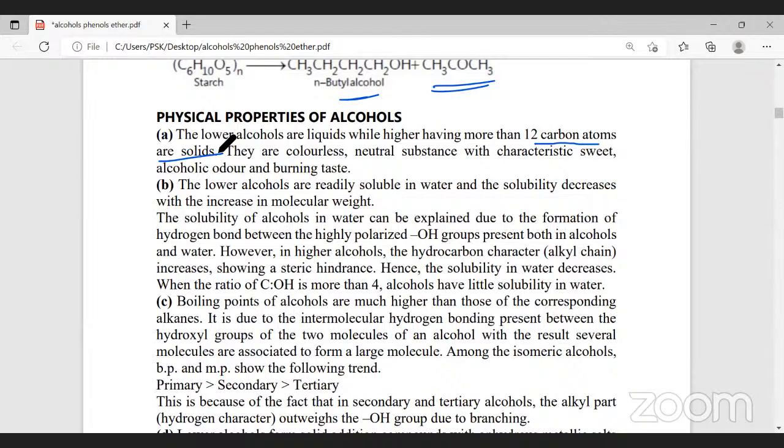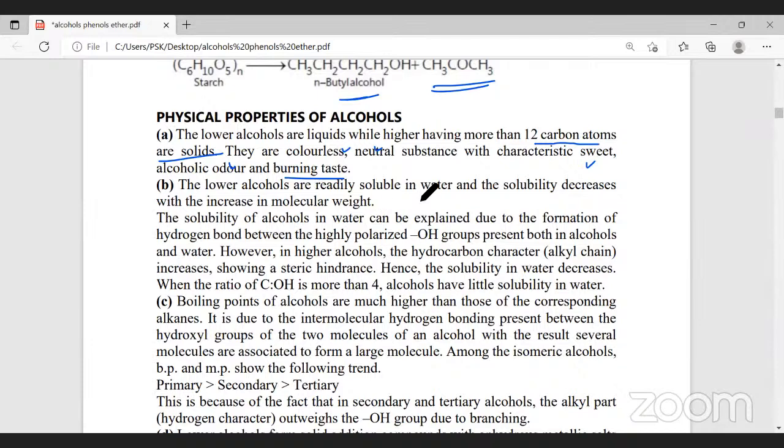Any alcohol is colorless and neutral, with a characteristic sweet alcoholic odor and a burning taste. So raw alcohol, you cannot taste, it will burn.